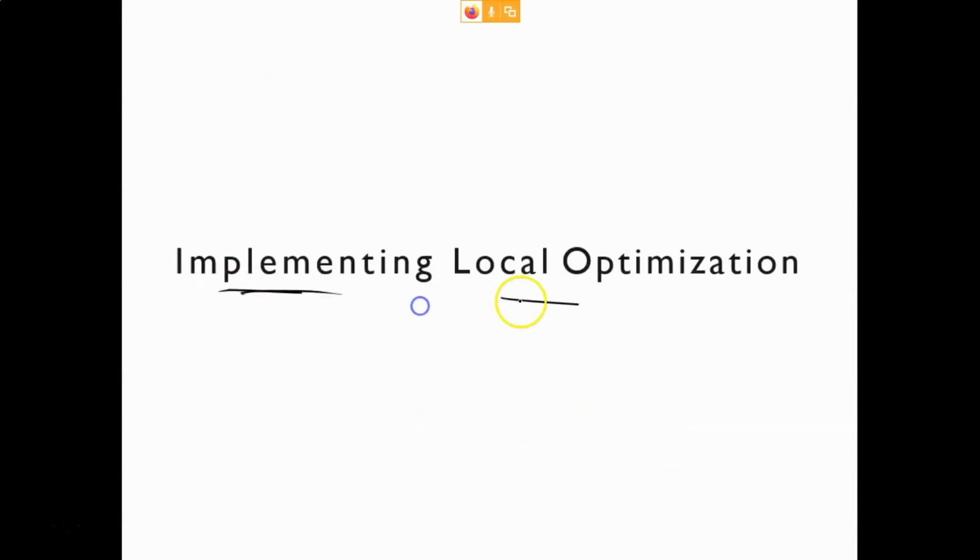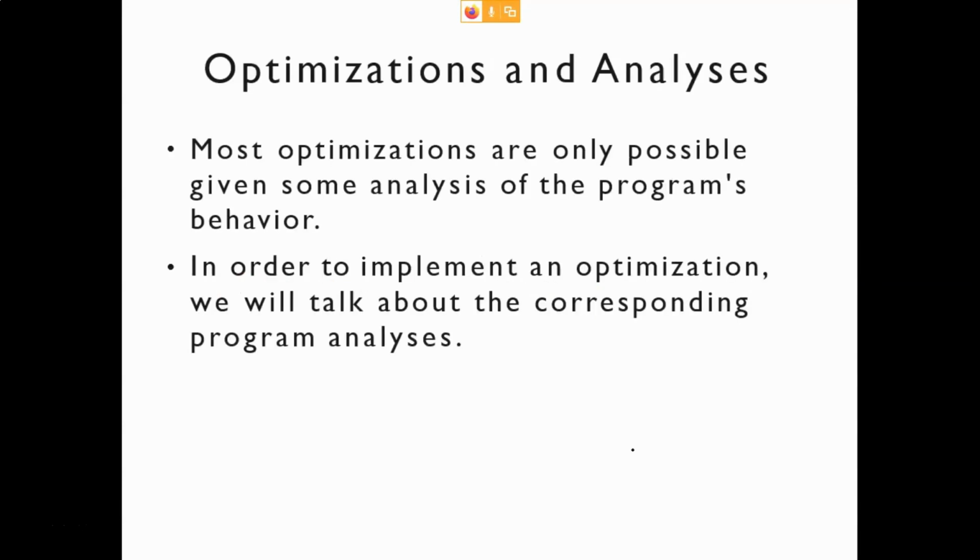Now we will see how to implement local optimization. What do we mean by implementing local optimization? Here we will see how the algorithm works. So far we have seen the definitions and the ideas, but we have not seen the algorithm. Now we will see how the algorithm will remove the dead code, the common sub expressions, all these things.